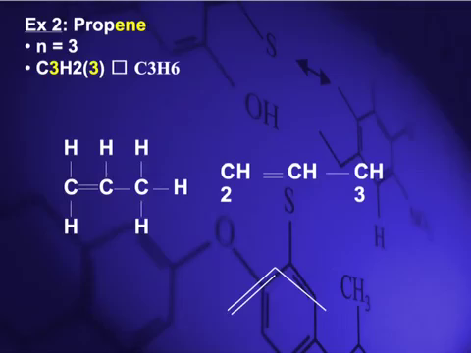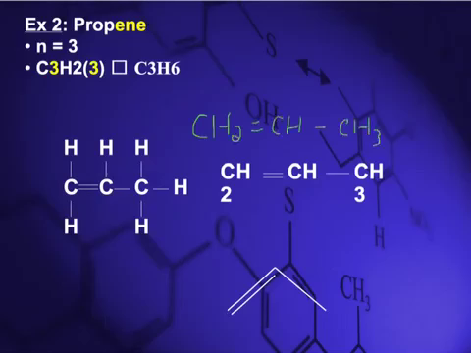To fulfill the octet for all the carbon atoms, this carbon requires 2 additional hydrogens, this carbon requires 1 additional hydrogen, and the last carbon requires 3 additional hydrogens. In the condensed structural formula, we have CH2 double bond CH, single bond to CH3. As for the line structural diagram, we have 2 lines connected to a single line.